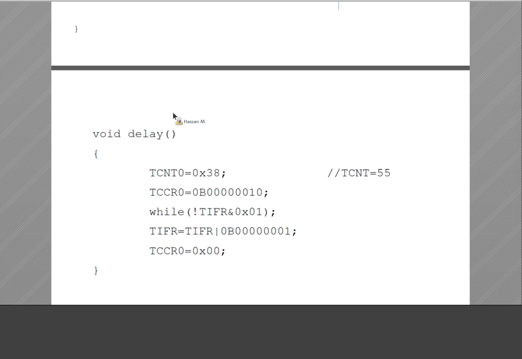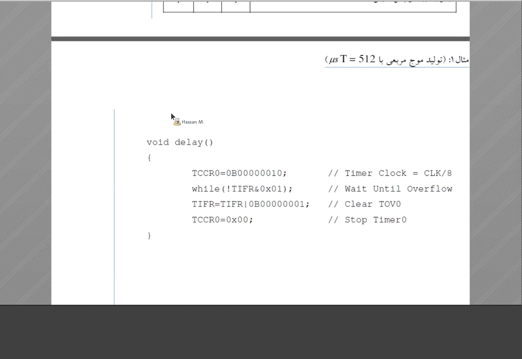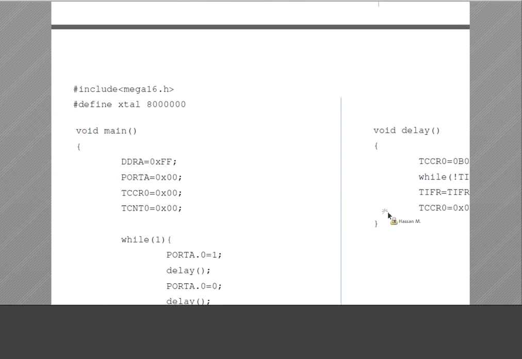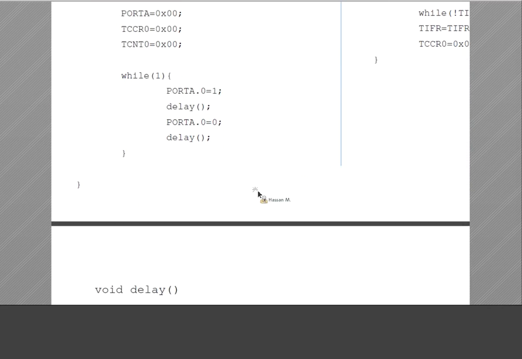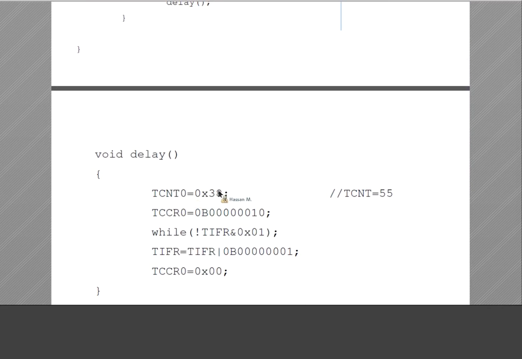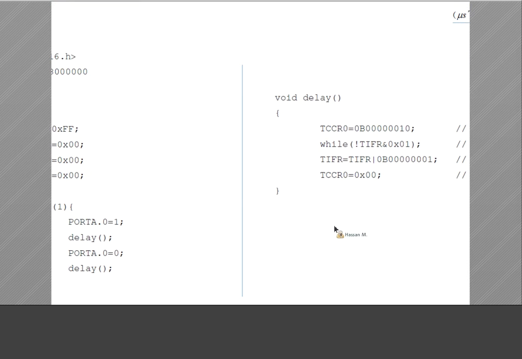Okay, that means the difference of this item with this item is only in T count. Here T count is 0. Here we have T count starting from 56. That we here had a delay of 256 microseconds.